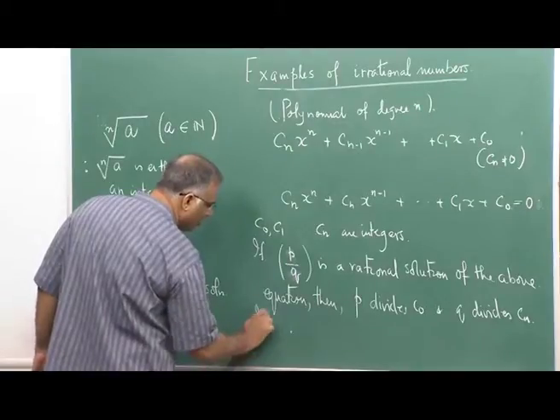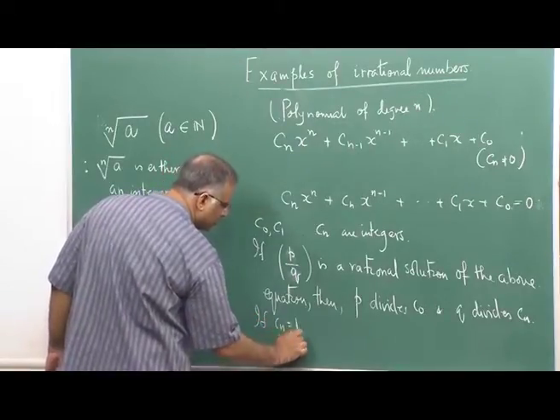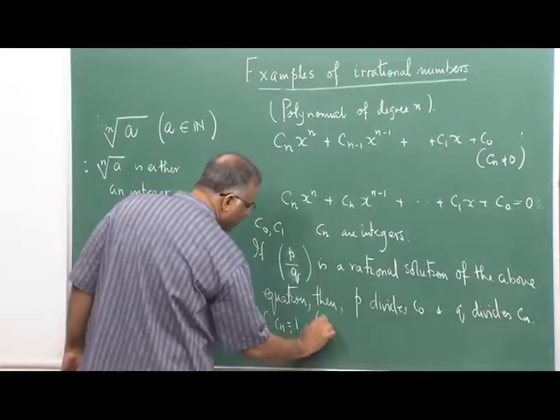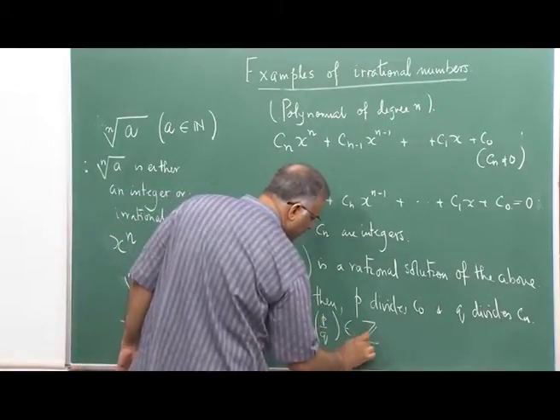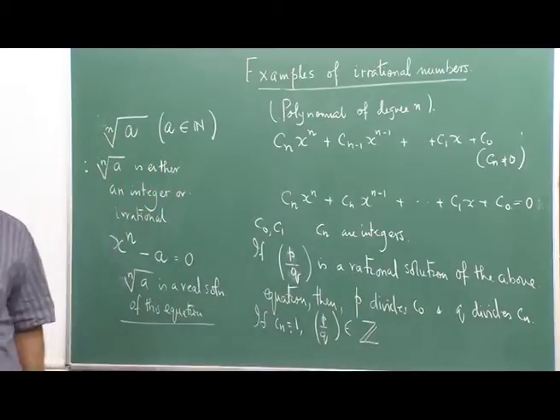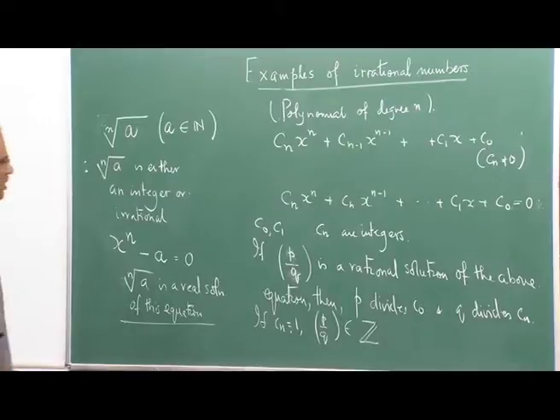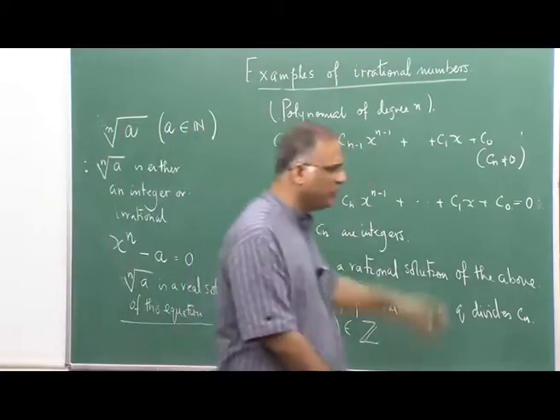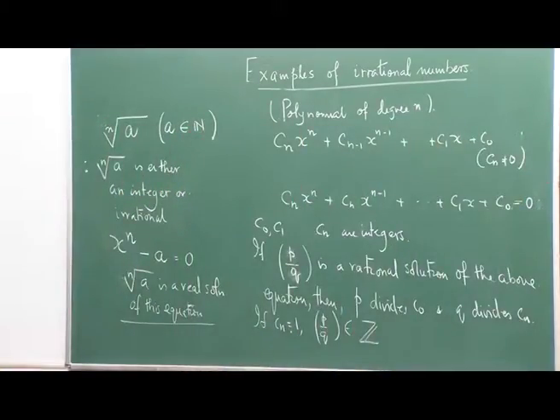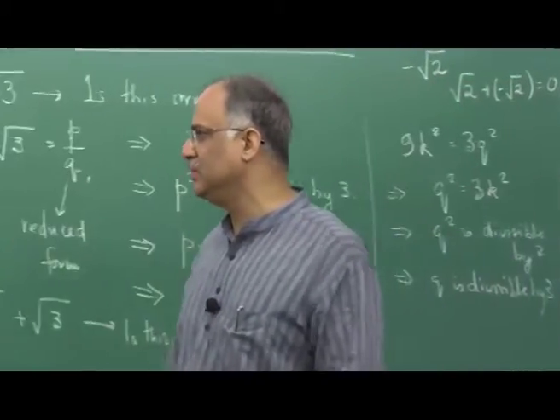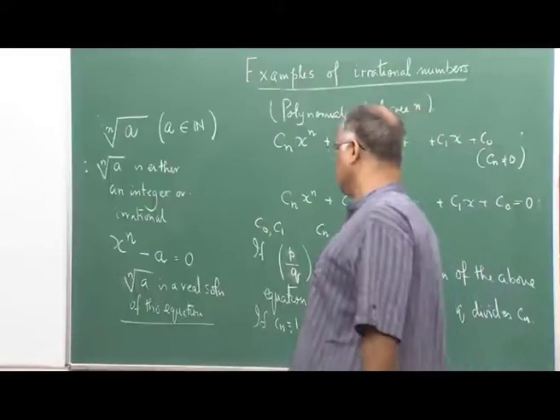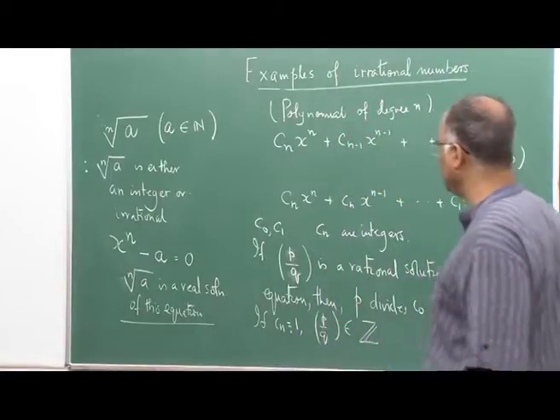So, if Cn is equal to 1, P by Q is an element of the set of integers. This is a very important result. To prove this, you need some stuff which is in the notes, which I will not get into in class, because we are constrained with our time. We have maybe 5-10 minutes left.